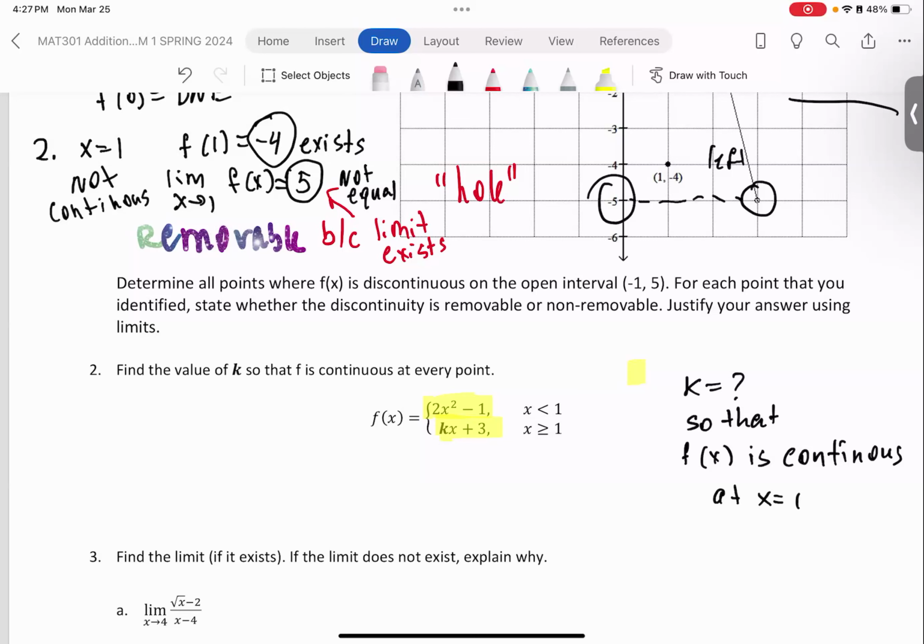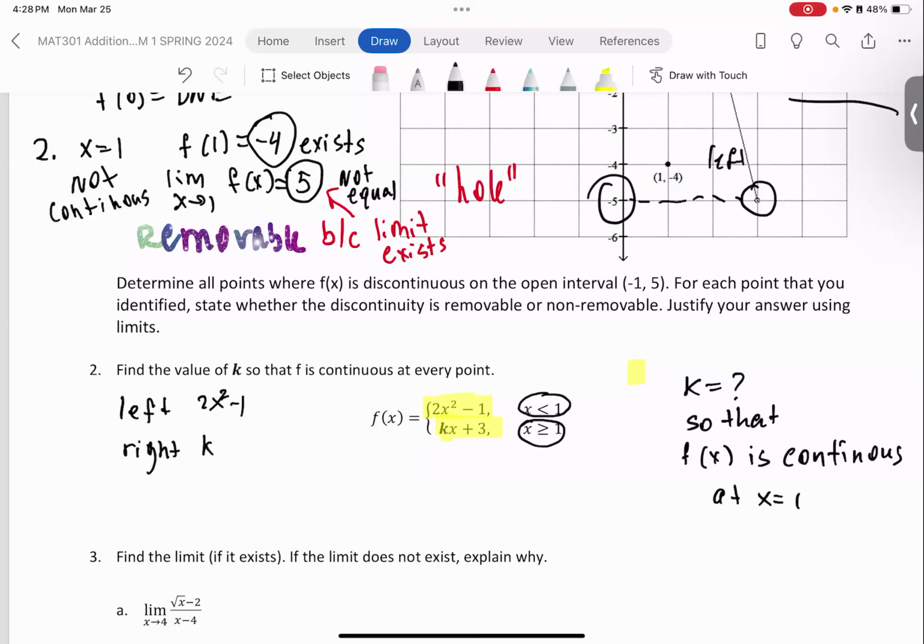It's a piecewise function, so let's plug in 1. When you plug in 1 in the first branch, what do you get? Now we're trying to understand the concept. We said we have a left side and we have a right side, right? This is left and this is right.